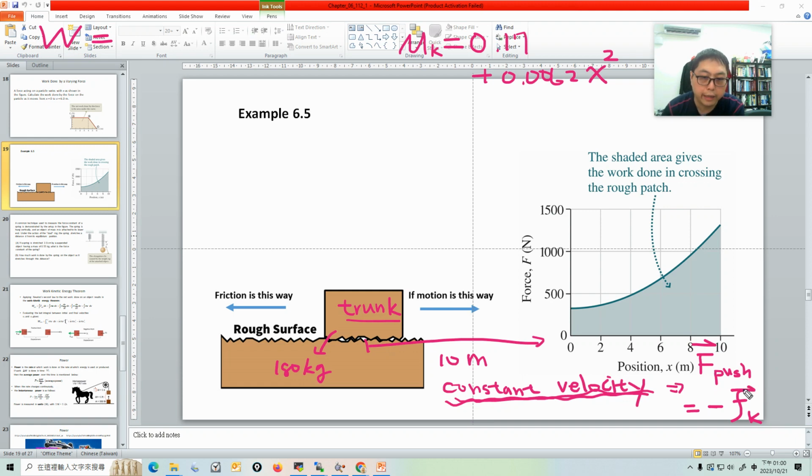Because your push force must be right opposite to the friction force, and then you will have constant velocity.